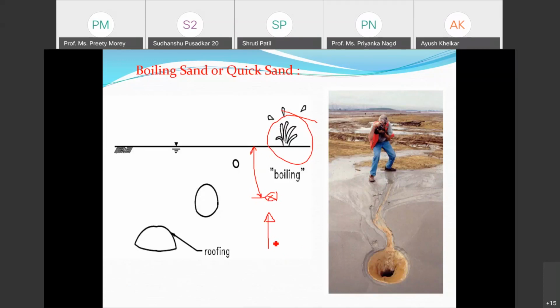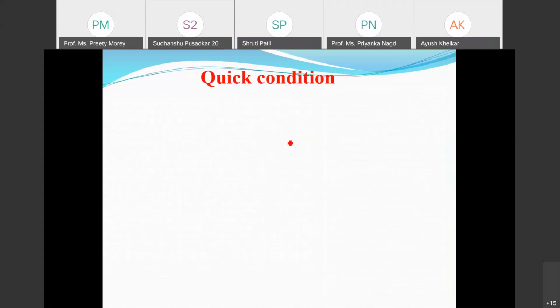The seepage pressure obtained due to this flow of water, if it is more than this overburden pressure, definitely this pressure will try to push everything away, and it will find a channel through the voids, and the water will move away. So if seepage pressure is more than overburden pressure, the boiling condition could be expressed. As I said, quick refers to the condition and not to the material.